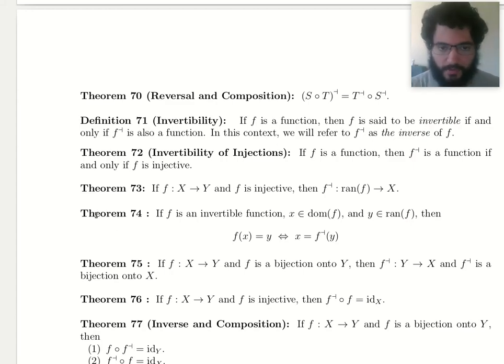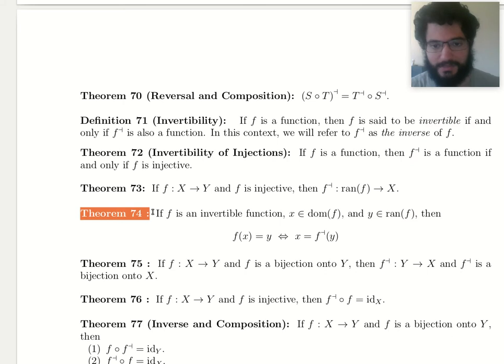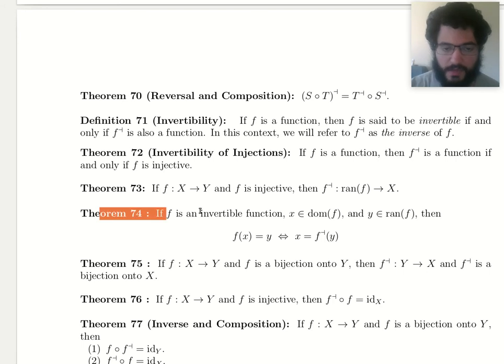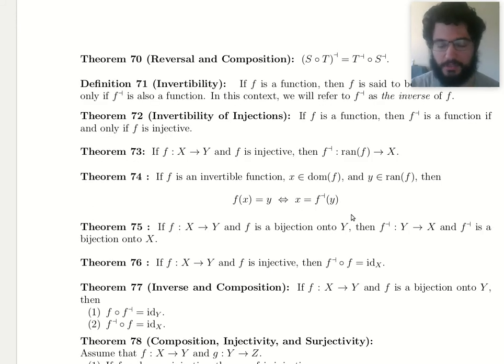All right, so what we just discussed here is Theorem 74, this idea that the inverse of a function, when a function is invertible, sends outputs back to the inputs that they came from. You'll find this to be useful when we do algebra-like things with function evaluation.